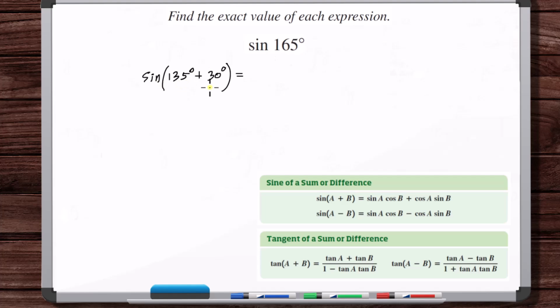Now we can expand this out using the sum formula for sine. So this is going to be sine of 135 cosine 30 plus cosine 135 sine 30.